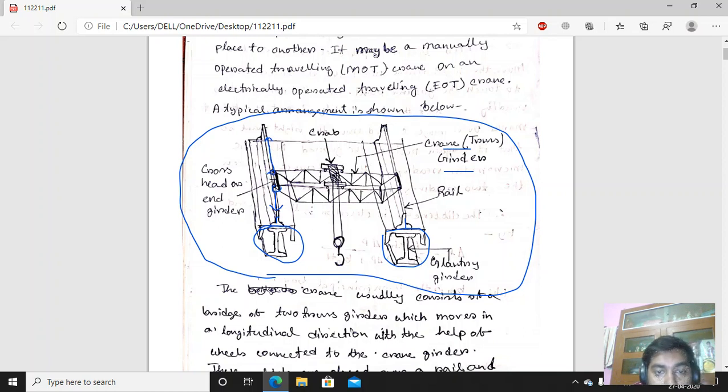Also, the pulley arrangement is connected with the crab. This is called the crab, where the pulley arrangement is connected, and it can also move in that direction. So basically, this is the funda of the EOT crane system. There are two types of movement in the normal EOT crane, as you can see.